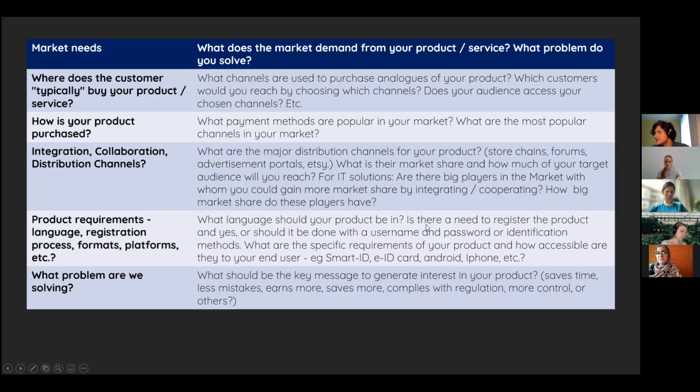And is there a need to register the product? Should it be done with a username and password, as I said, or identification methods? What are the specific requirements of your product and how accessible are they to your end user? For example, in Latvia, 2 years ago, Smart ID was a completely unknown thing.